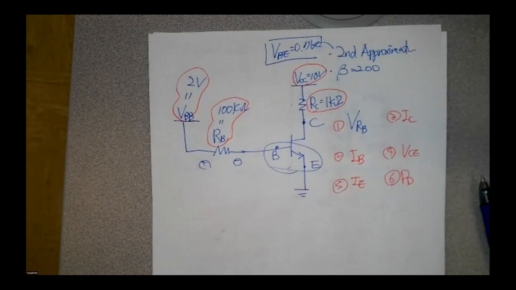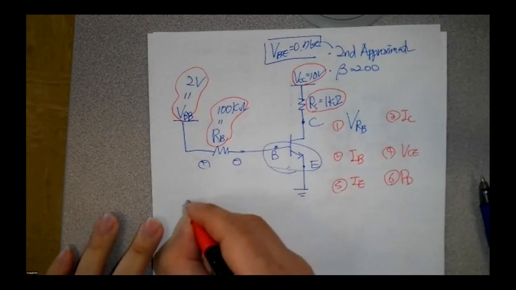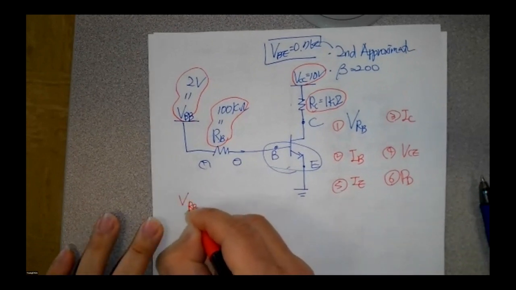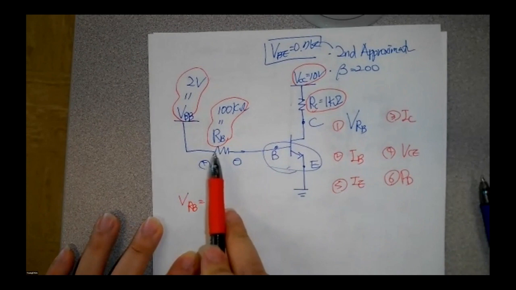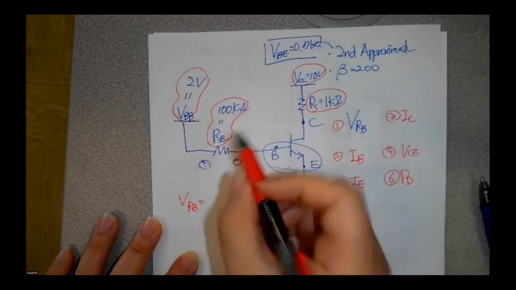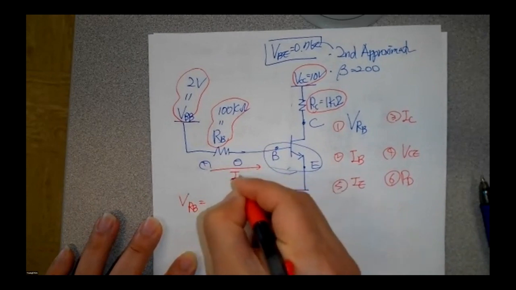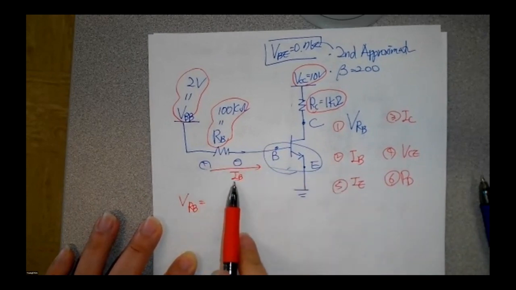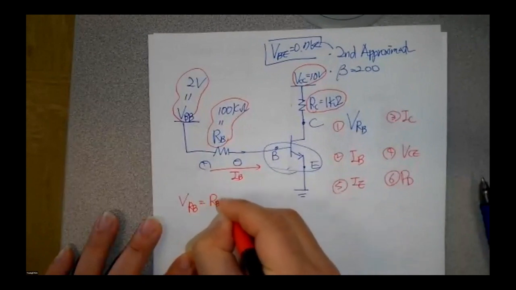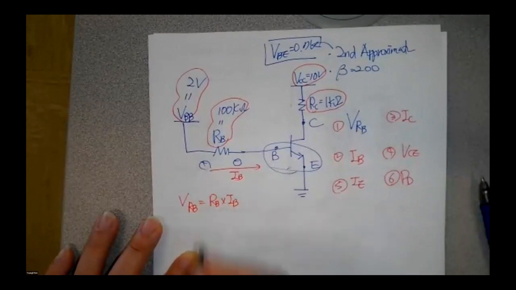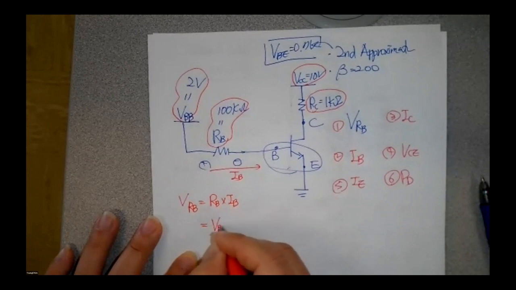So question 1, what is the V sub R sub B? V sub R sub B, that's right there. The voltage drop passing through current, that is the I sub B right there. So V sub R sub B is I sub B times R sub B, or V sub BB minus V sub BE.